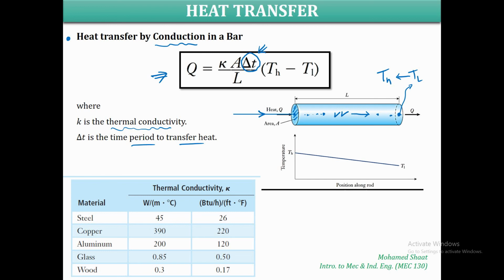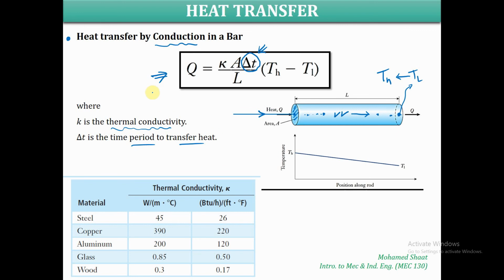The increase is going to be the difference between T high and T low. At this surface, if we keep on sending this heat through this cross section and it propagates and conducts through to the other side for 1 minute or 2 minutes, 1 hour or 2 hours, then as we keep it for a long time, we are expecting further changes in the temperature. So if we keep sending this heat for a certain period of time, what should be the change in the temperature over the other side?